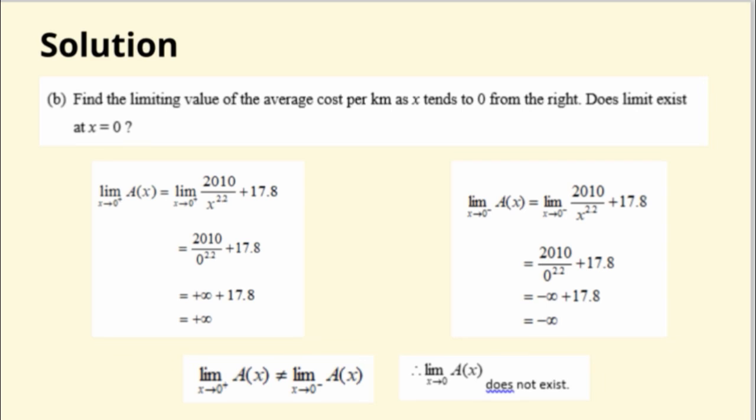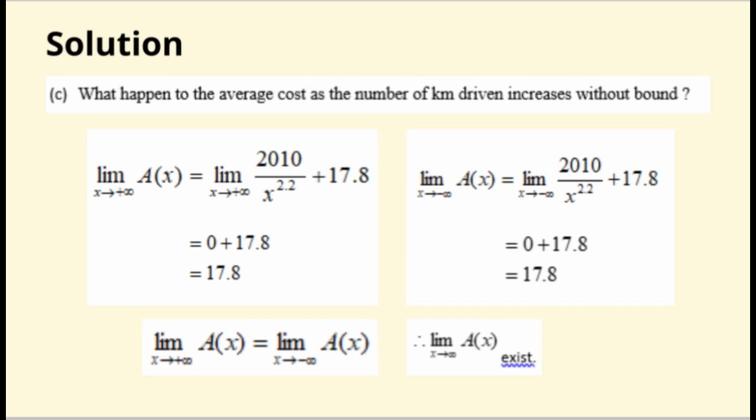The final answer will be negative infinity, as this is the left-sided limit. The limit as x approaches 0 of A of x from the right is unequal to the limit from the left. Therefore, the limit as x approaches 0 of A of x does not exist.